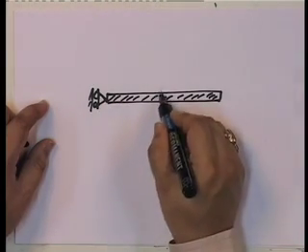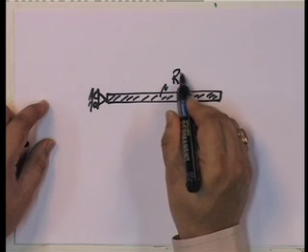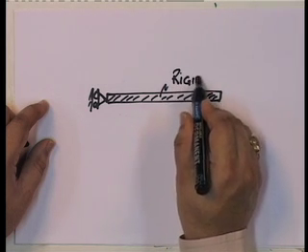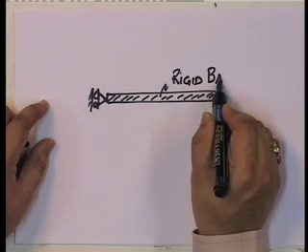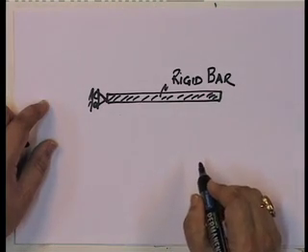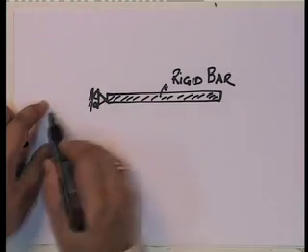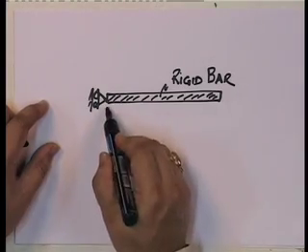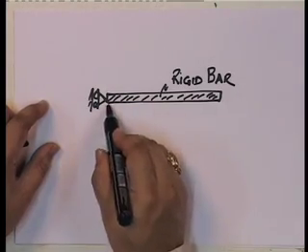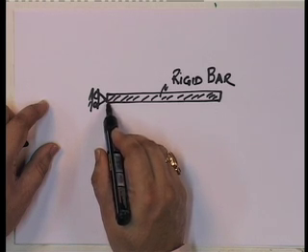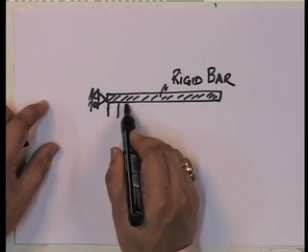Okay. So, this is a rigid bar. And what I am going to do is, this one only ensures that this one does not move in this direction. The basic things that we are looking at are here.